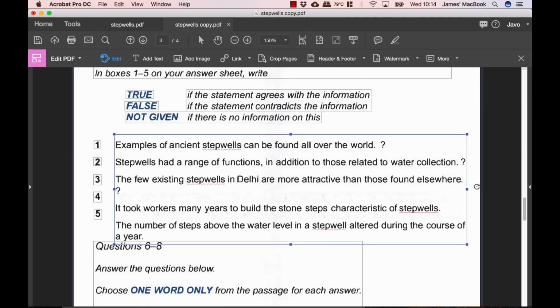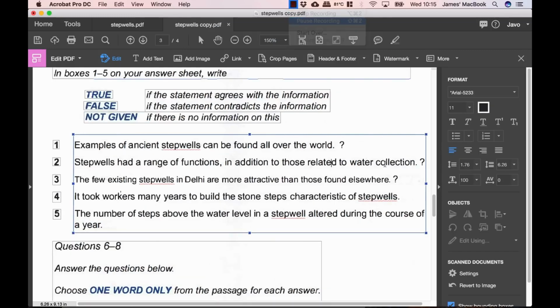Not sure yet. Sorry, I just made that text a bit smaller so we can fit it in. It took workers many years to build the stone steps characteristic of stepwells. We're still not sure about that one. And the number of steps above water altered during the course of the year. Yes, we know that.